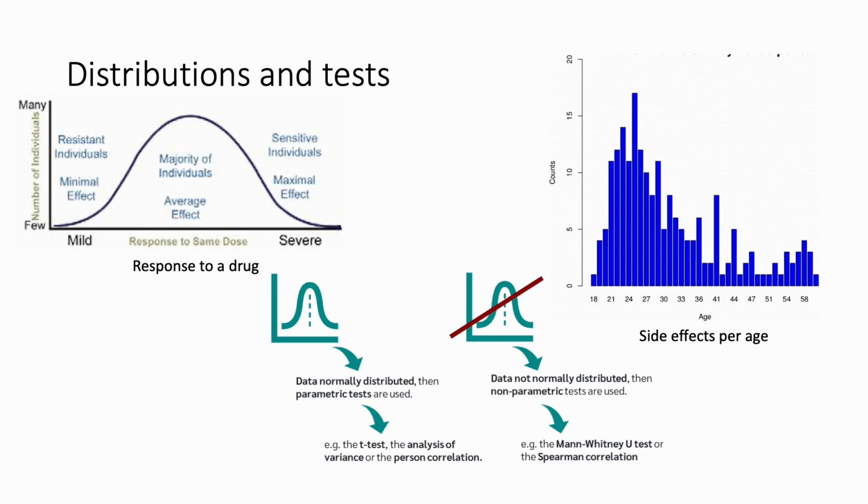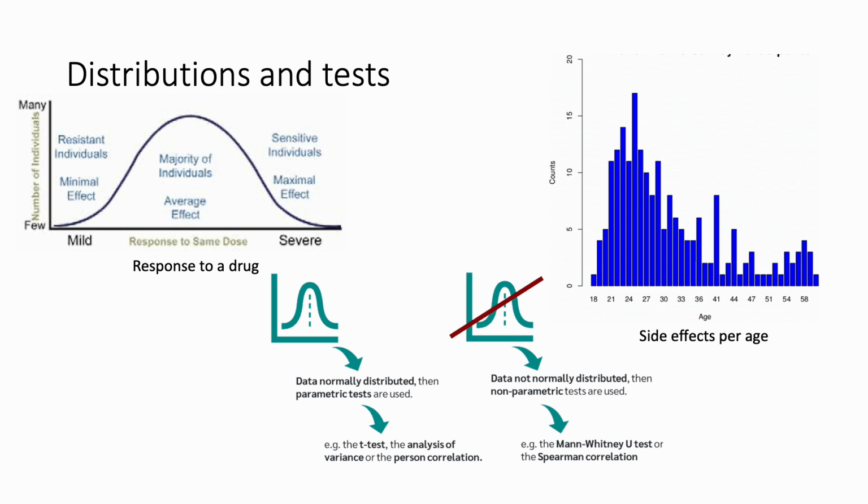So here you compare this distribution with the previous distribution on the left side of the slide. You see that the left side has a normal distribution, because if you look at the average or the middle point, you see that you have almost the same population on the left or right side of the central point.